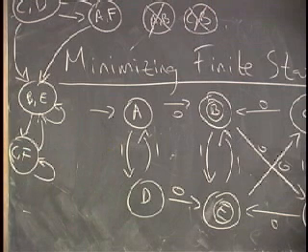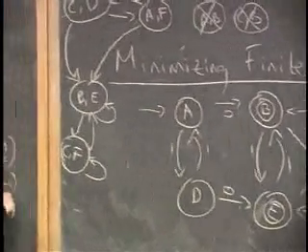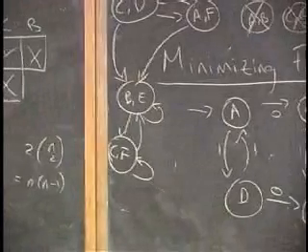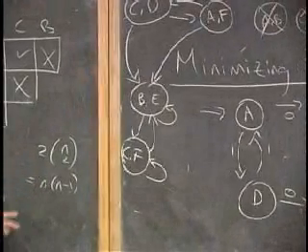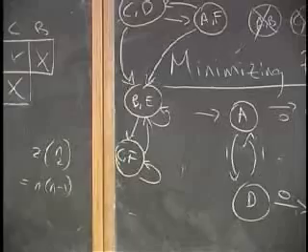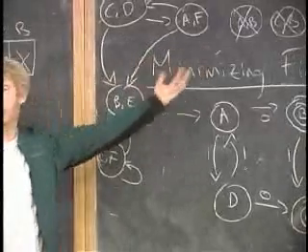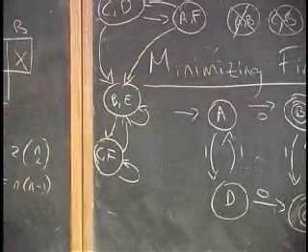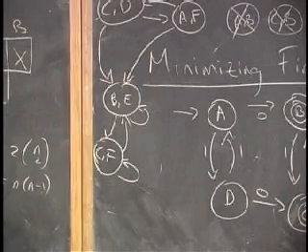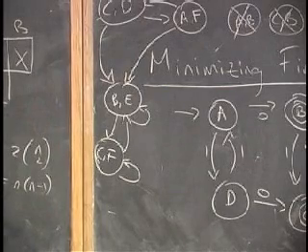So the total number of edges in this graph is 2 times n choose 2, which equals n times n minus 1. So the time it takes to do this algorithm should be no more than n squared. You should be able to construct this graph and traverse it in n squared and look to see where the X's propagate. And that's exactly what this very peculiar thing is doing.